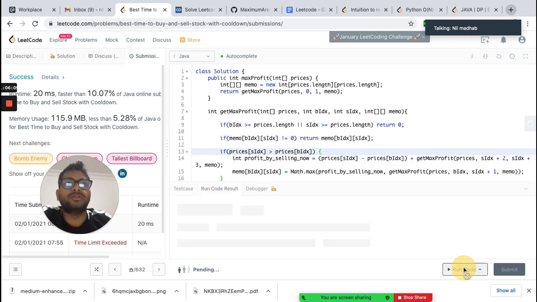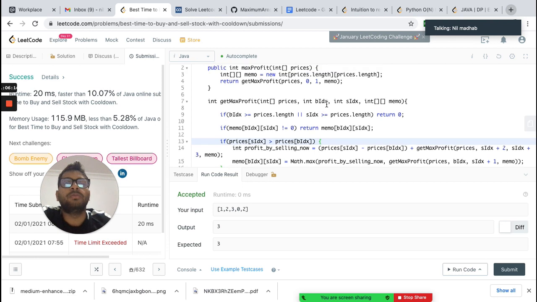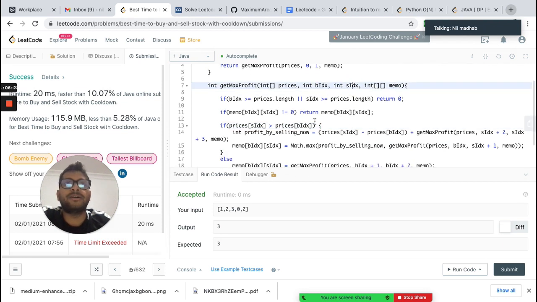So this is the way to solve it. It is the same as what we did, but a little bit better because instead of keeping track of the profit, we just keep track of buy and sell index, so that we can build this matrix in the right way.